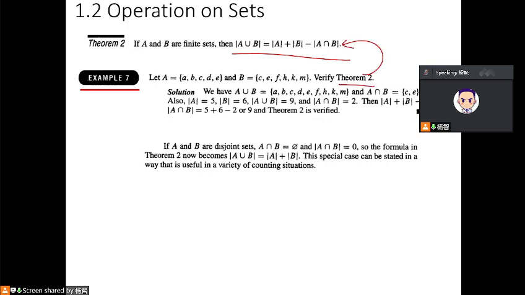We want to verify this formula. First, the cardinality of A is equal to 5. And the cardinality of B is equal to 6. And the cardinality of the intersection of A and B is equal to what?